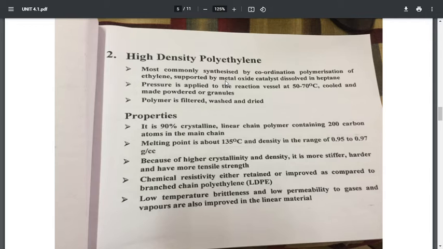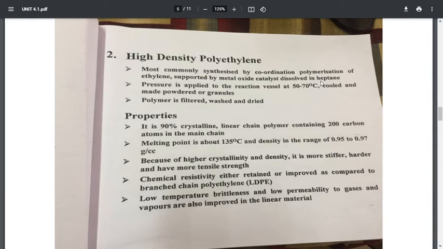Coordination polymerization is a form of polymerization that is catalyzed by transition metal salts and complexes. Ziegler-Natta is used in coordination polymerization. If you go back to your third semester lecture on Ziegler-Natta, you'll understand what it is.